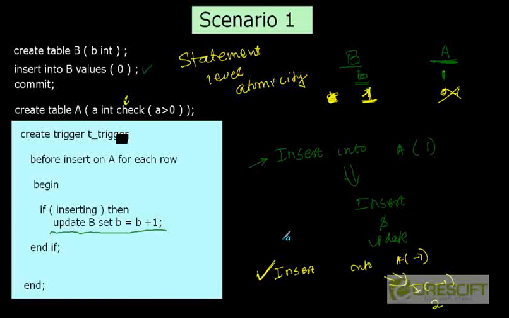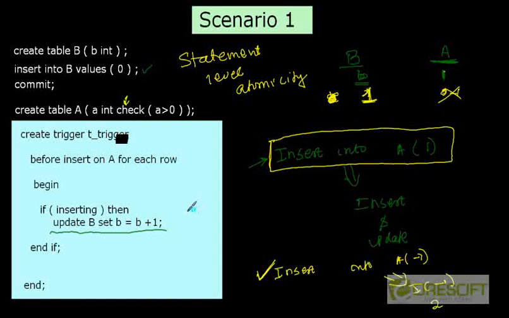The key point here is that this statement generates one more additional statement, which is the update, because of the trigger. If the insert is successful, then the update is also done. But if for whatever reason the insert fails, then the update is going to be rolled back.